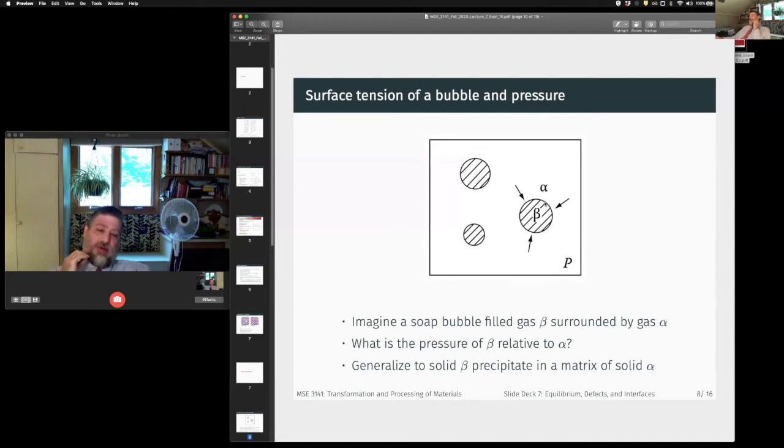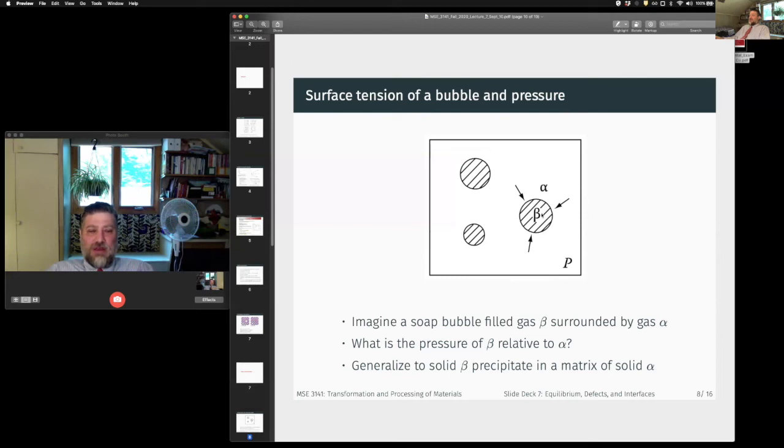Well, anyway, remember that the activity of a gas from thermodynamics is directly related to its partial pressure. So if we increase the pressure of beta, we're increasing the activity of beta. If the activity of beta increases, that means the chemical potential of beta is also increasing.